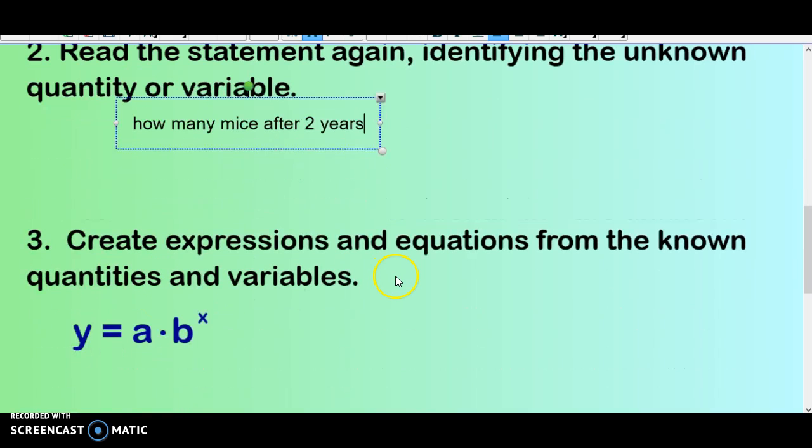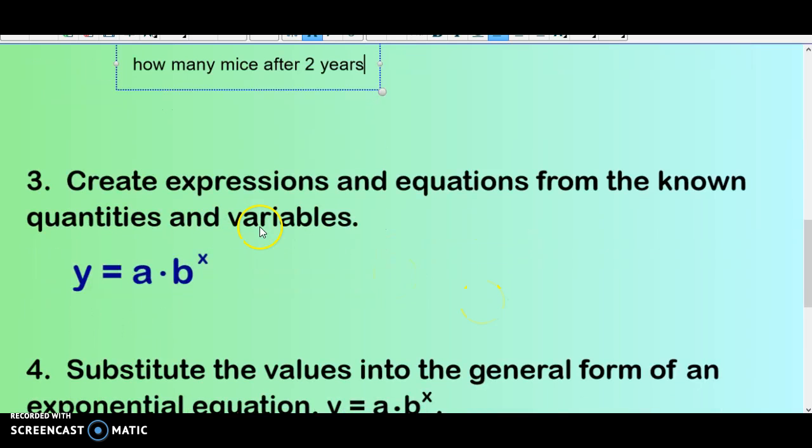Now, an expression that I can use is my formula here, y equals a times b to the x power, where y represents our answer. The a is representing my initial value. My b is going to represent how it's changing with my base, and then the exponent is going to represent how many times it has changed.